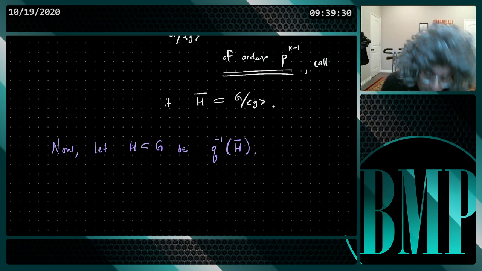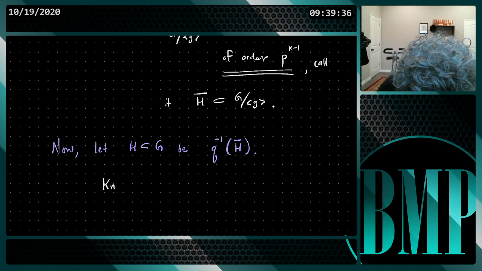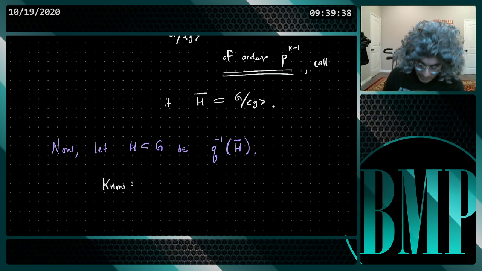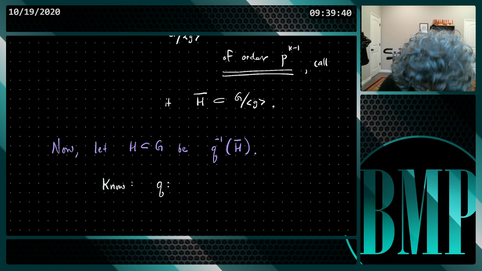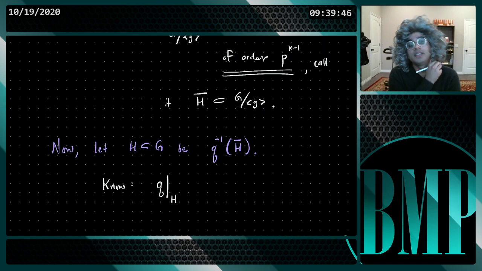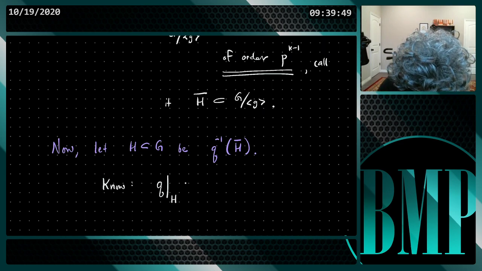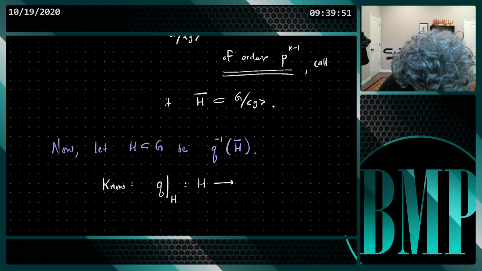All right, so what do we know about the order of H? This is something to learn quite generally. Well, we know that the quotient homomorphism, when you restrict it to H, is a map from H surjecting onto H bar.